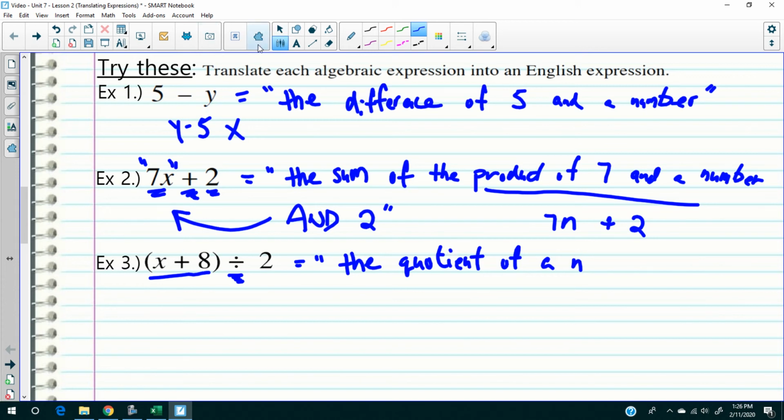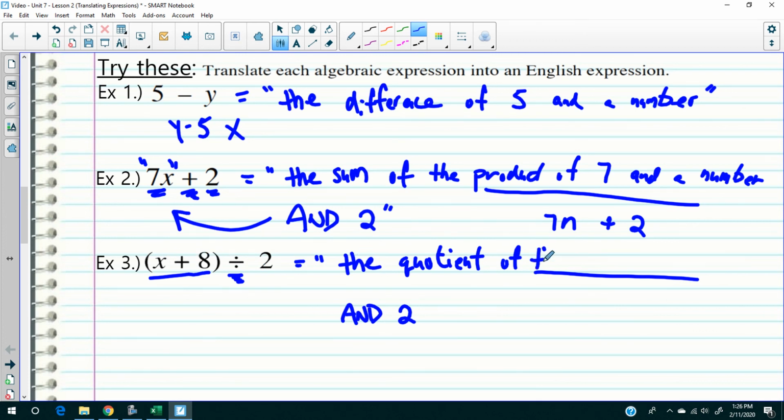Okay, see, even I'm screwing up. The quotient of, and then you gotta put this here, and 2. The quotient of something and 2. So the quotient of, how do you say this?